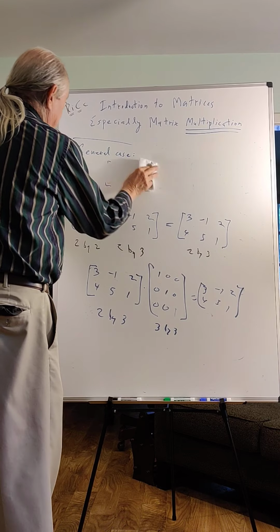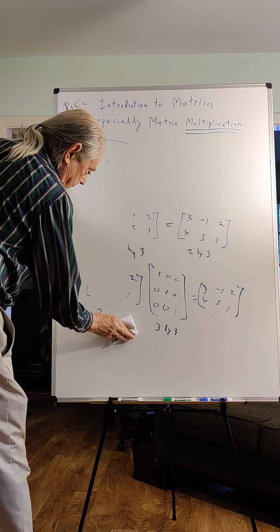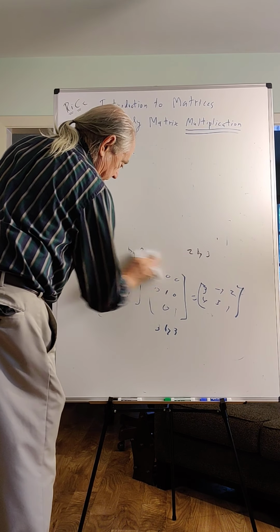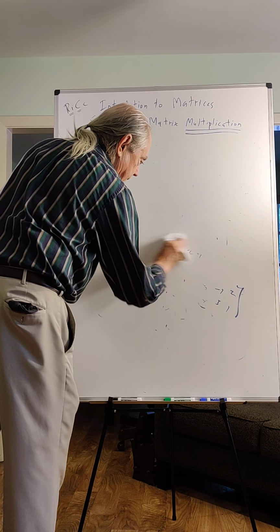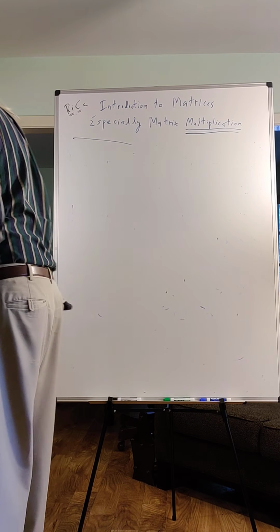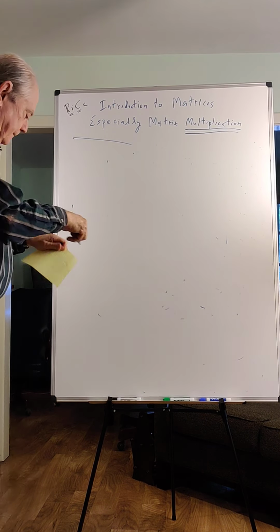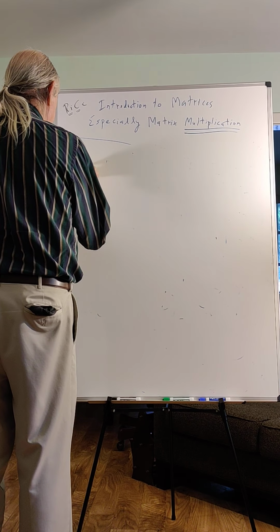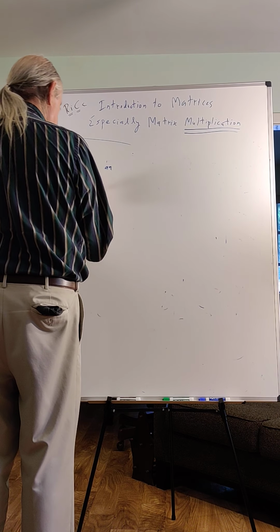Okay, now we have to talk about inverse matrices. I'm going to show an example of one, then I'll tell you how to calculate it. All right. So here's a 2 by 2, and it's an invertible 2 by 2.